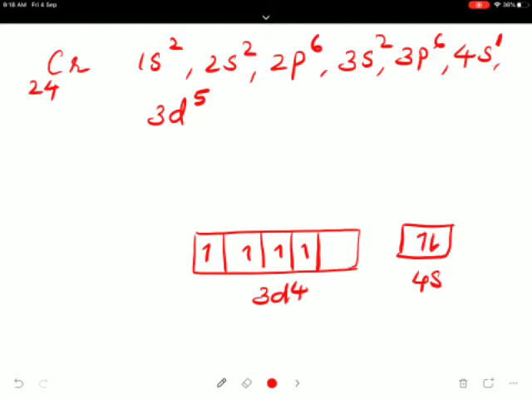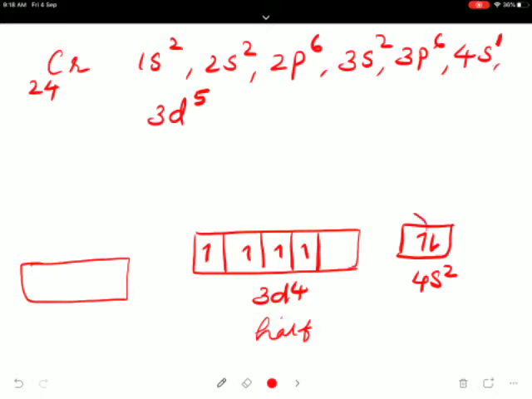Expected was 3d4, 4s2, but half filled and completely filled orbitals are more stable than the others in a particular category. Chromium is a d block element, so you have to think about d orbital stability.